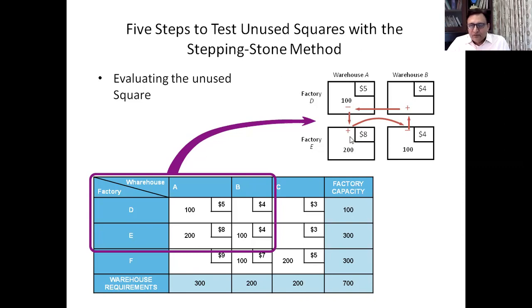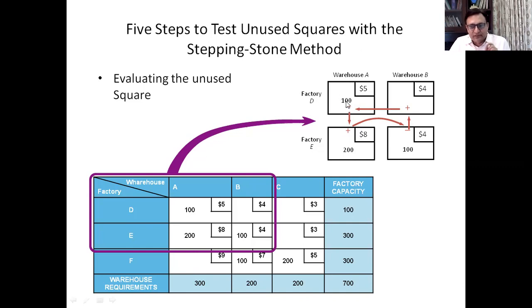So now we will find out the change in the cost, because if 1 unit is allocated to this DB, it means we will be putting $4 cost. And similarly, because we have to keep the demand and supply intact, we will not alter that. If 1 unit is allocated to DB, then we have to deduct 1 unit from DA.